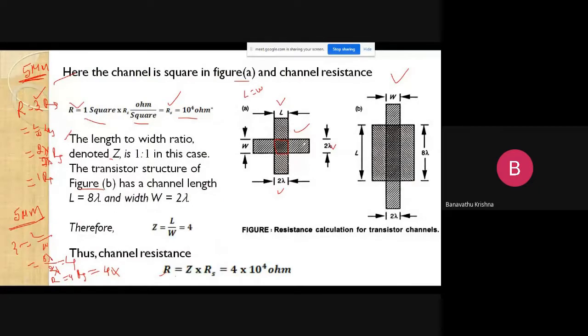R equals Z into Rs, where Z is 4. So 4 into Rs from the 5 micrometer technology is 4 into 10 to the power of 4 ohms. This is the resistance value for the other transistor, with length 8 lambda and width 2 lambda.